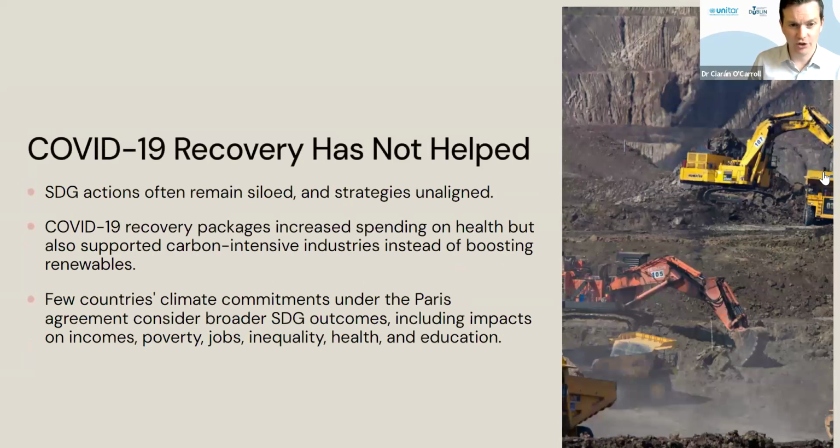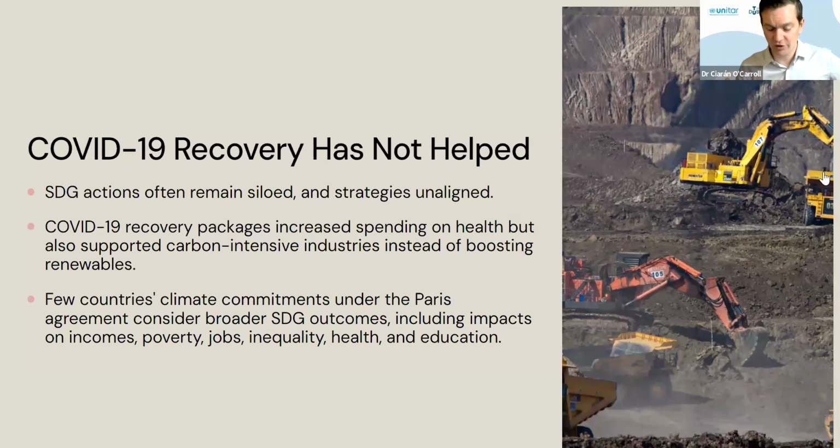This is my own commentary. So the UN SDG actions remain siloed. There's a lack of systemic and interconnected thinking from governments and from international organizations, okay? The COVID-19 recovery plans that were put in place increased spending on health, yes, but they also supported, especially in places like the global north, carbon-intensive industries instead of boosting renewables.